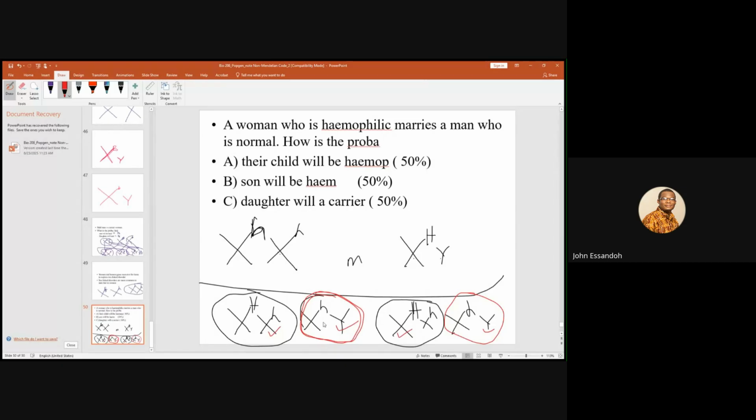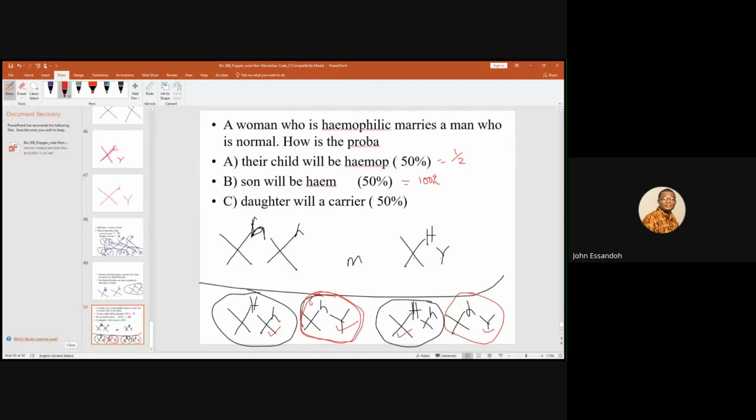So 2 of the 4, the boys, are hemophilic. That gives us 2/4, which is the same as 1/2, which is 50%. Excellent. And the son will be hemophilic? For the son, it is 100%.